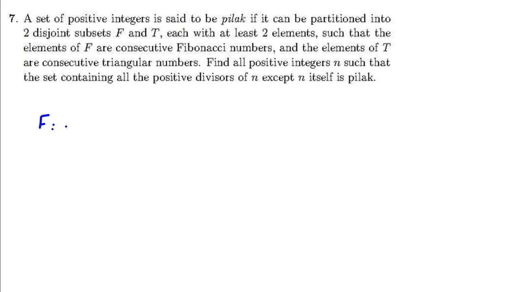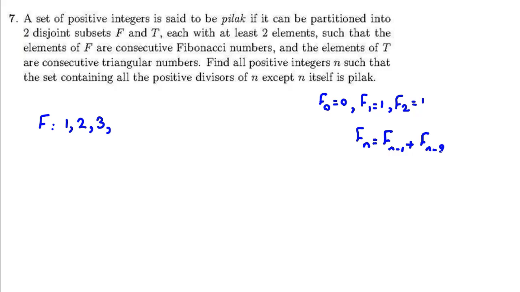It starts from 1, for example. 1, 1, you can start from 1, it's okay. 1, 2, 3. The Fibonacci sequence is this: F1 is 1, F2 is also 1, sometimes they say also F0 is 0, and Fn equals Fn minus 1 plus Fn minus 2, for n at least 2, okay?